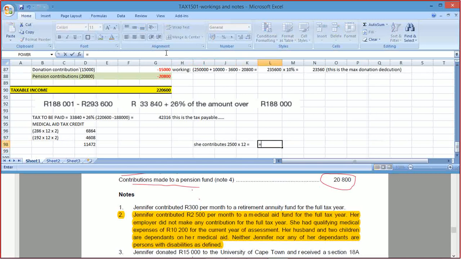I used the pocket calculator, I think I made a mistake when I typed it in. Okay, 2.5 times 12. Yeah, 30 is right. So 30,000 is the amount that she's contributing. Do you agree? Yeah. Okay, what is she allowed to claim as a deduction? 11,000. No.